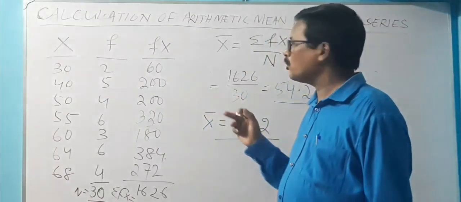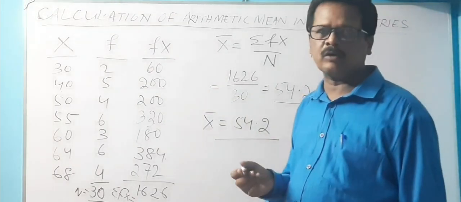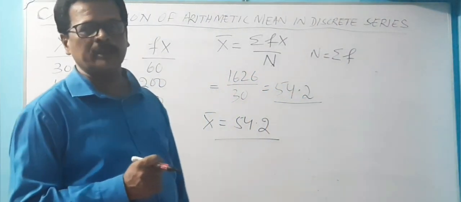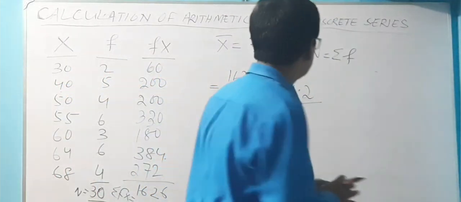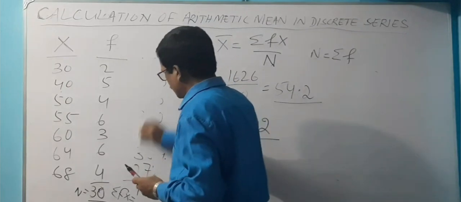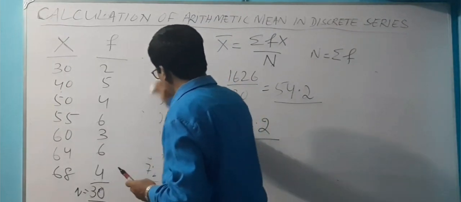Okay. Now we will go to the next method, that is shortcut method. How to calculate arithmetic mean through shortcut method. With the help of shortcut method, we will calculate arithmetic mean of a series.